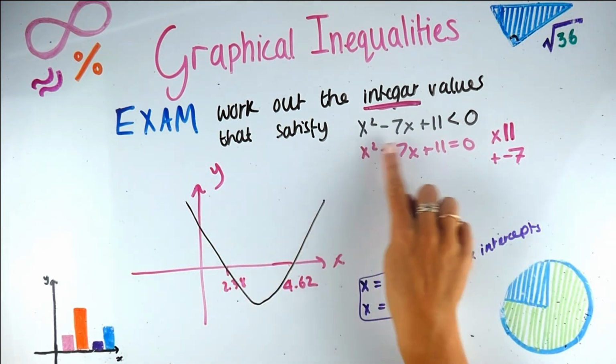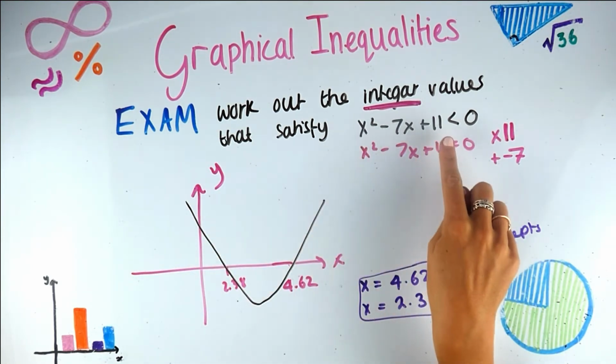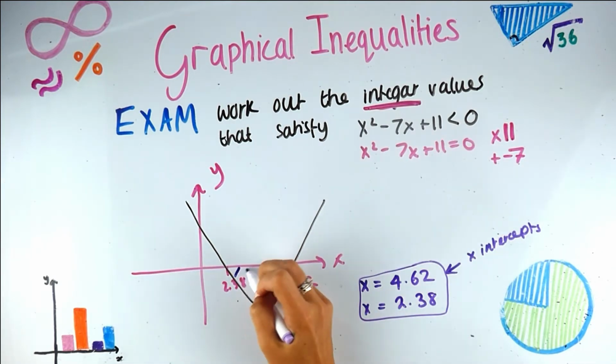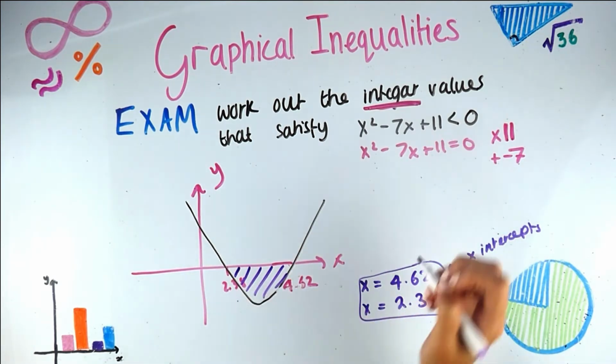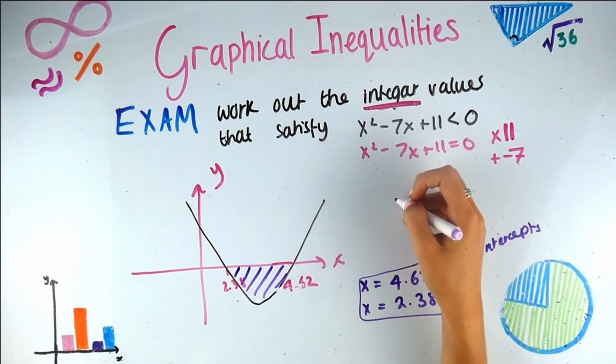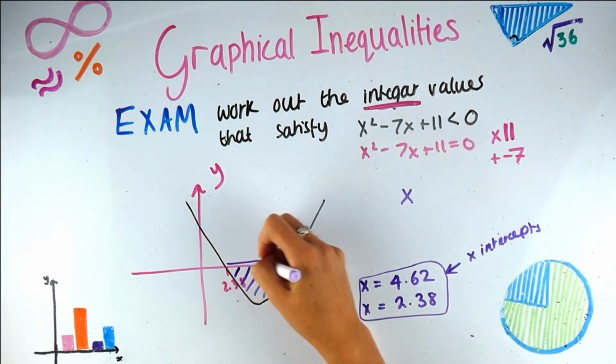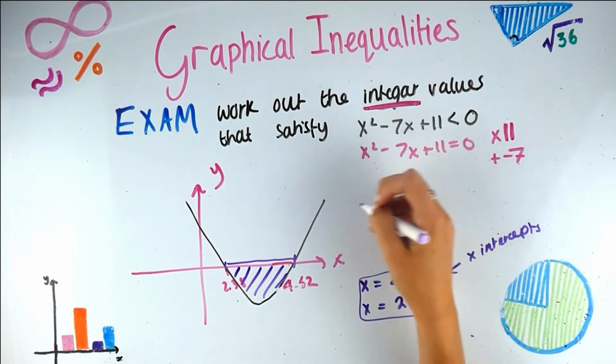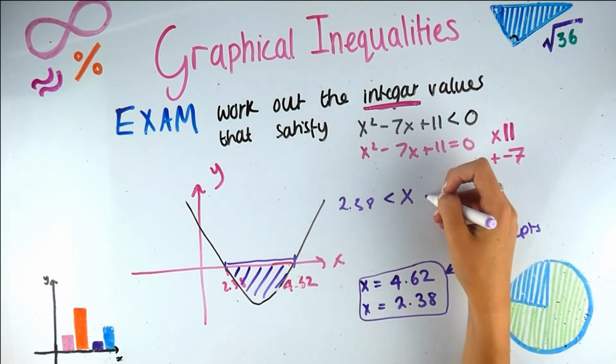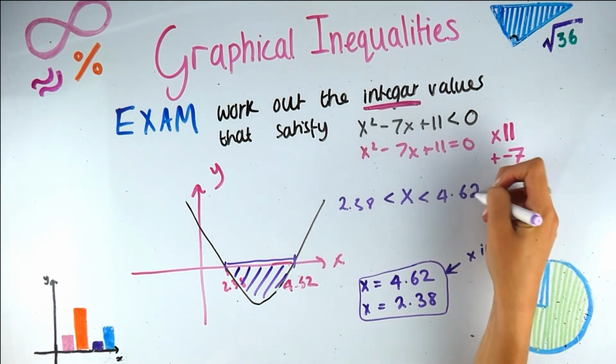So that is the graph we've just drawn. We want the values less than 0, so these ones here. So technically our x values can take these, so it would be between 2.38 and 4.62.